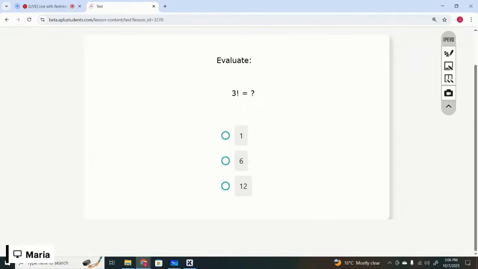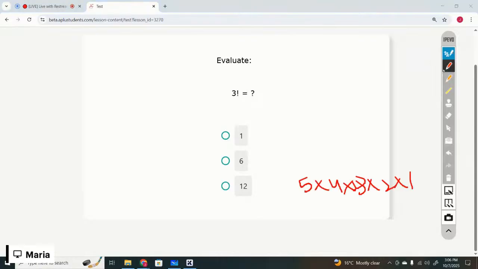Three factorial. You have to do 1 times 2 times 3. That is 6.